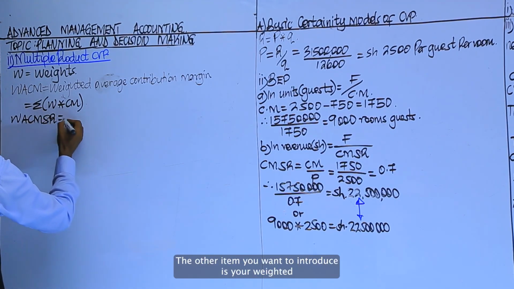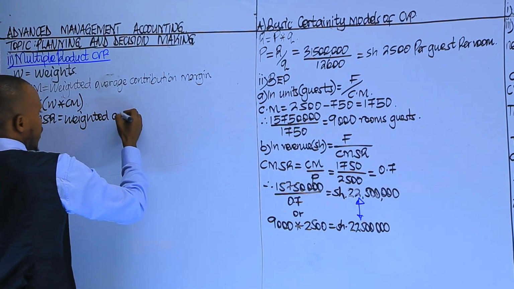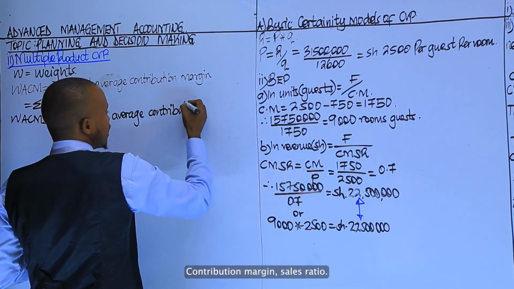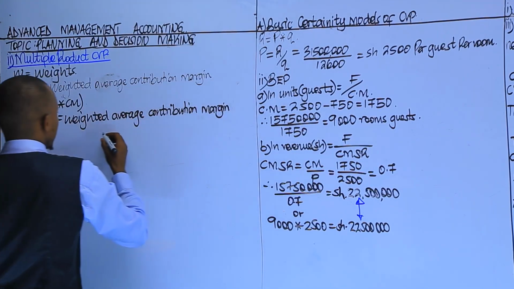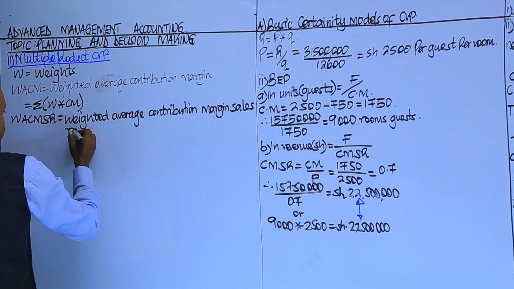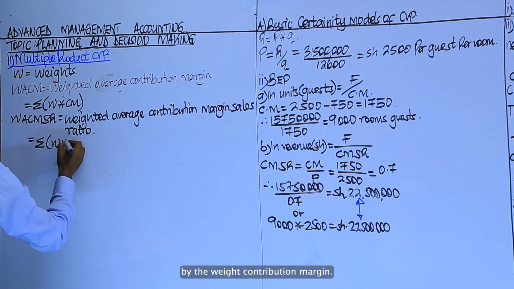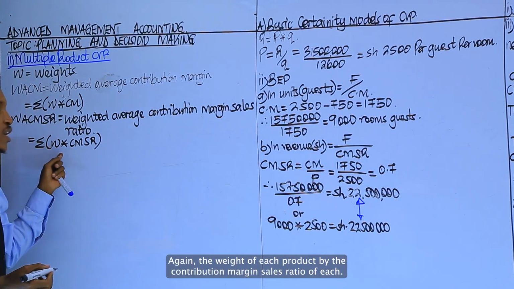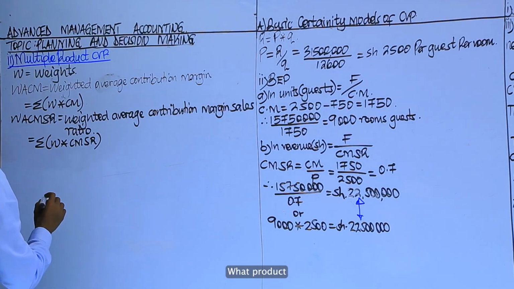The other item we want to introduce is your weighted average contribution margin sales ratio, which is given by the weight times the contribution margin sales ratio of each product.